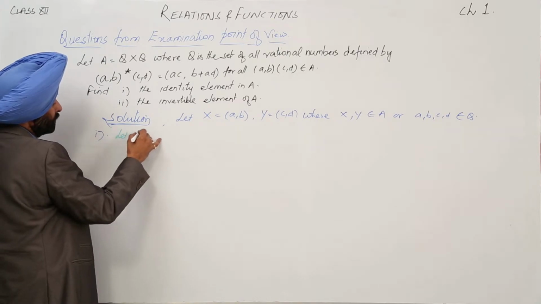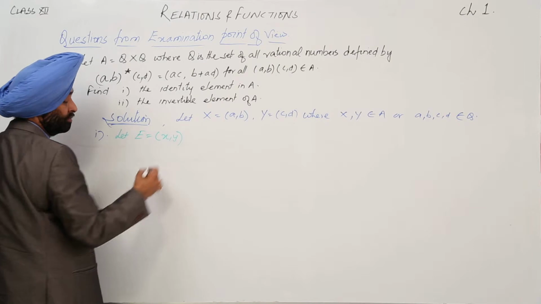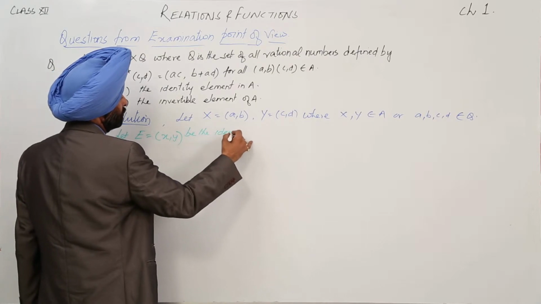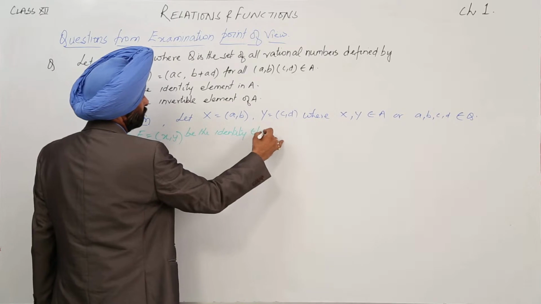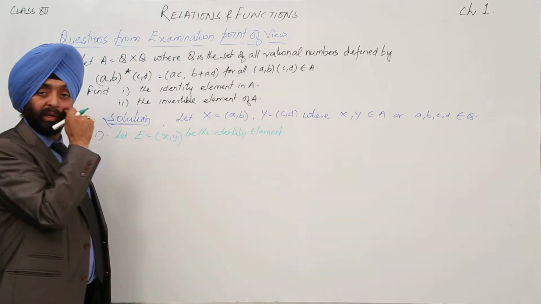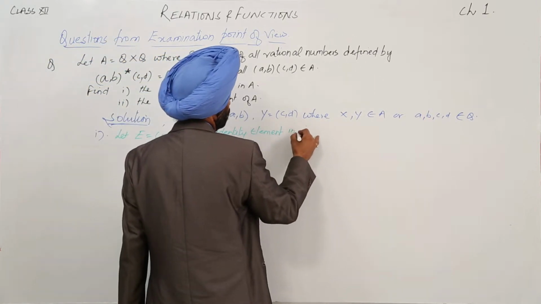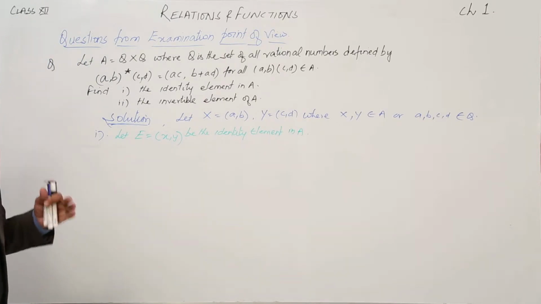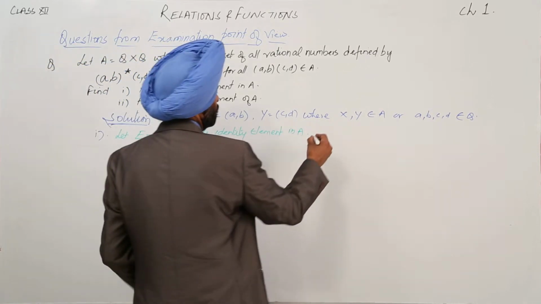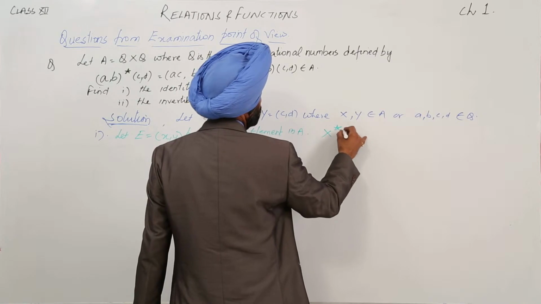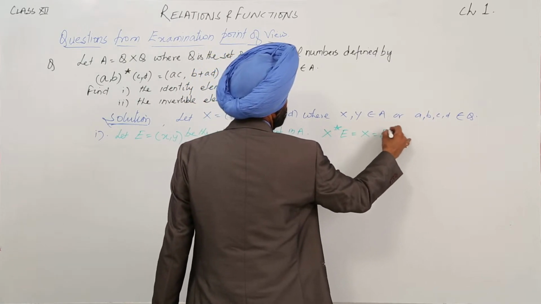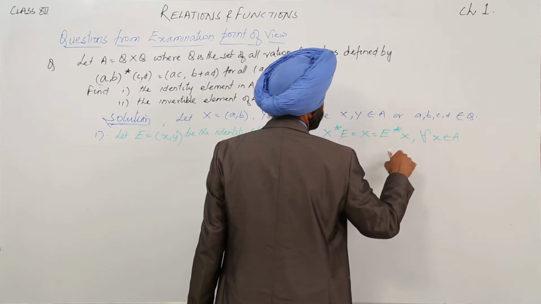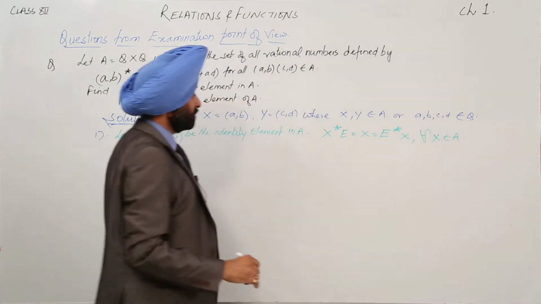Now let E = (x, y) be the identity element in A. Now when E = (x, y) is the identity element in A, then according to the definition of identity, we can write X * E = X = E * X for all X belonging to capital A.